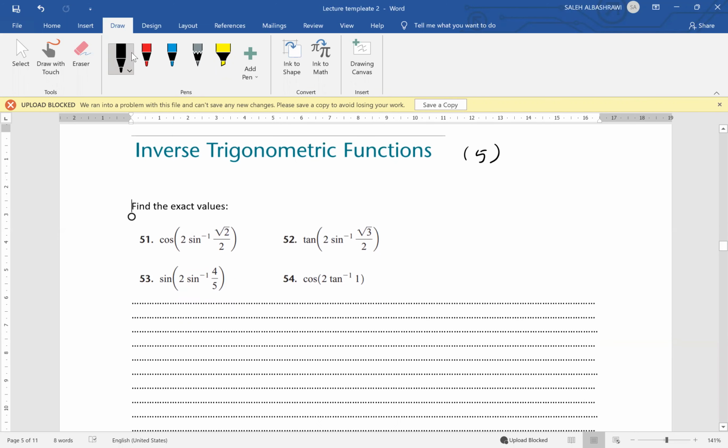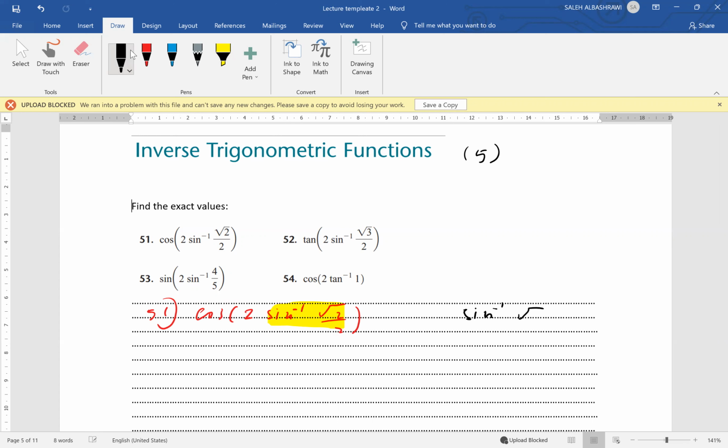Now the first exercise, 51, we need to find the exact value of cosine of 2 sine inverse square root of 2 divided by 2. So let's think about sine inverse of square root of 2 divided by 2. Take it as a part.